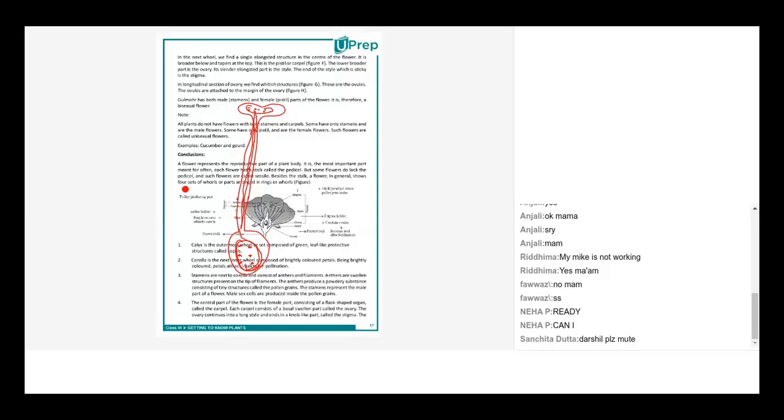This is the ovary we're discussing. The long tube, known as the pollen tube, enters the ovary through a tiny hole out here, which is known as the micropyle.